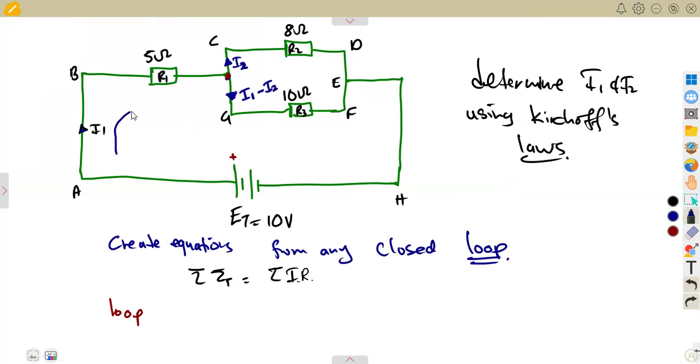I'm going to take it this way, this way, this way. This is how we are going to move.